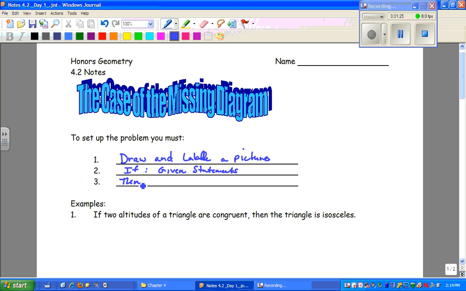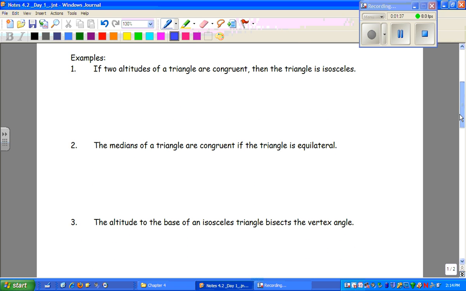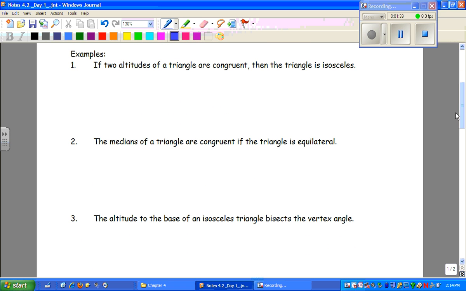The then part is what you're trying to prove. Understanding that, we should be all right. Let's jump right into the examples. Looks like we have 7 to go through.